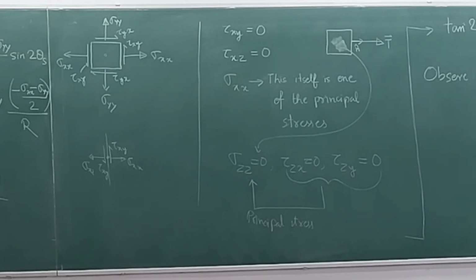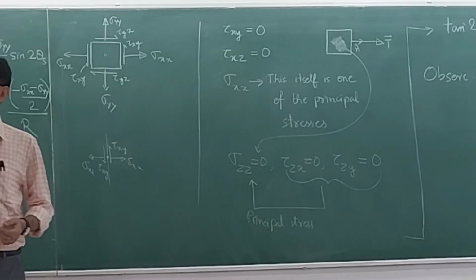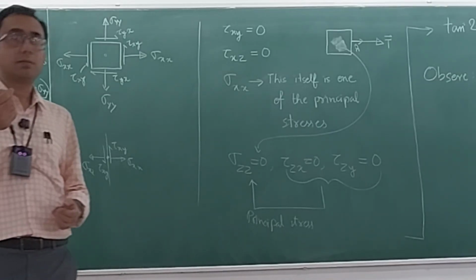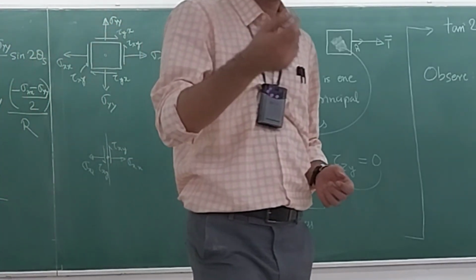In the tutorial sheet, I have given a problem where step by step I have asked you to go from that two-dimensional Mohr circle that we have drawn in class to a three-dimensional version of the Mohr circle. So in that three-dimensional version, you will be able to see... I think you have the tutorial sheets, right? Rohit, can you give me one sheet?